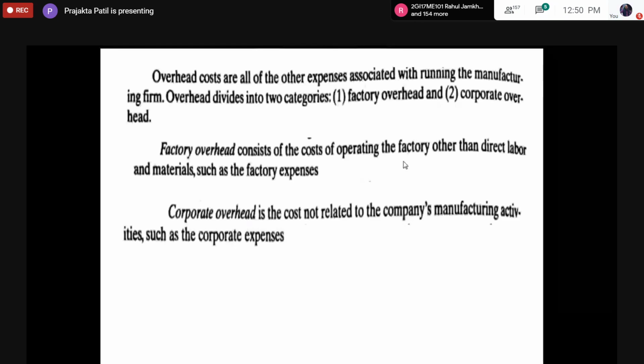So we know there's plant number 1, 2, 3, 4. But if you go and try to meet them, they're at one office. So this is one company which has one corporate office but a number of factories. Many companies operate more than one factory, and this is one of the reasons for dividing the overhead into factory and corporate.